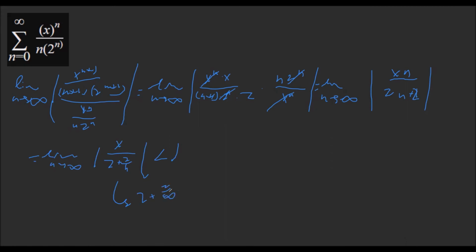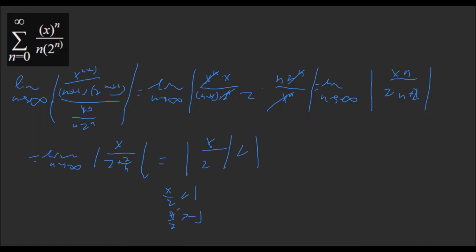Now, any fraction with a denominator of infinity is equal to 0 because it's infinitely small to a point where it might as well be modeled as 0, meaning that this limit is equal to the absolute value of x over 2, and that is less than 1. So that means not only is x over 2 less than 1, but x over 2 is greater than negative 1.